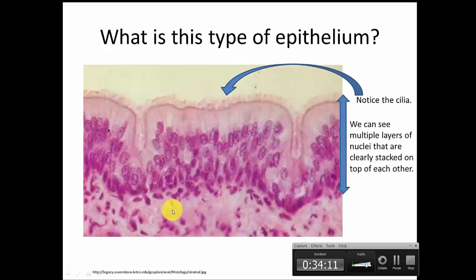How about this one? So this one is also a difficult slide, but I see a layer here of cells, second layer, a third or fourth layer here. So these nuclei are oval, which means that these cells are going to be tall cells. They're columnar cells. It's multiple layers, so it is stratified columnar epithelium.